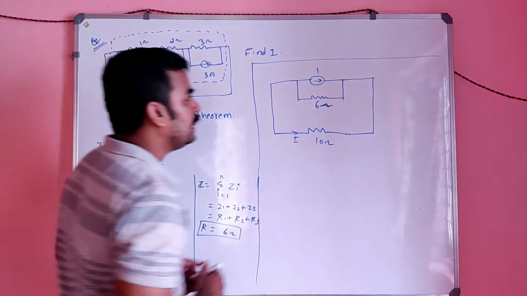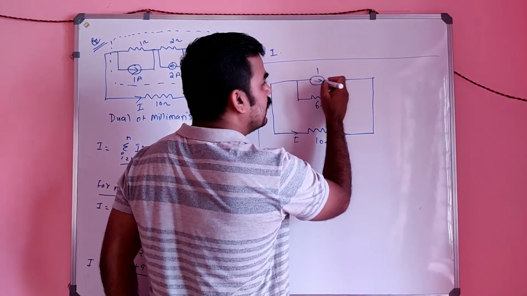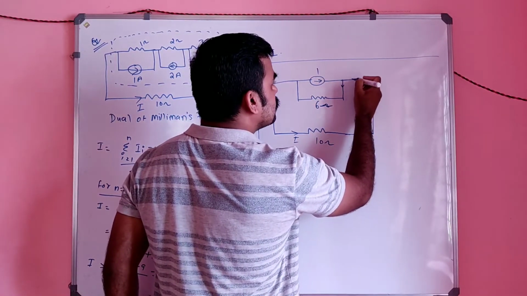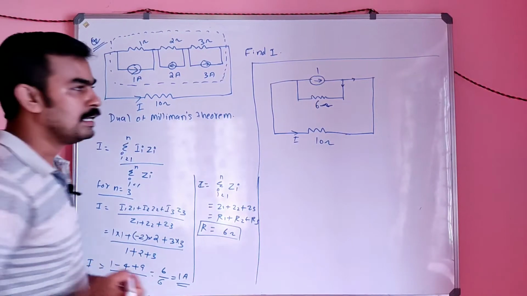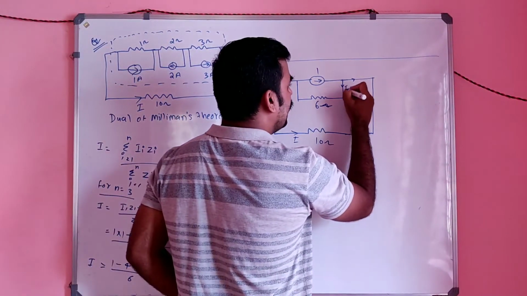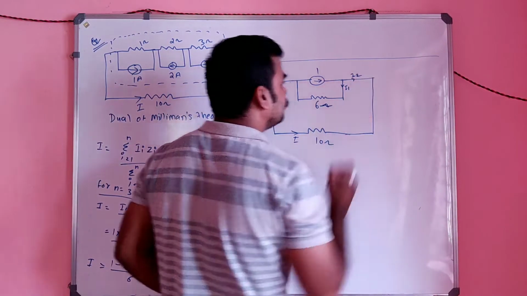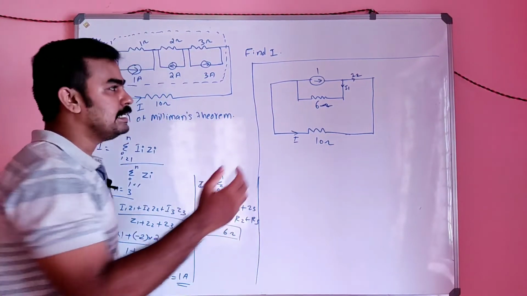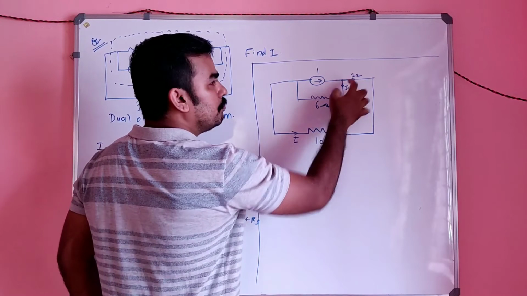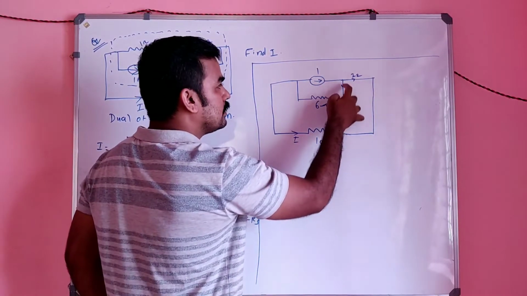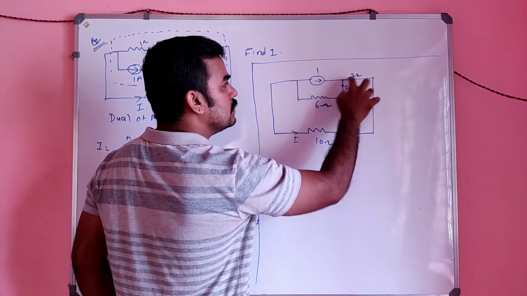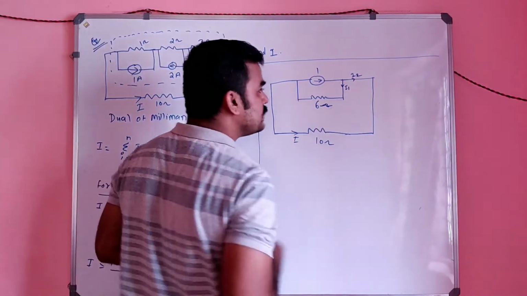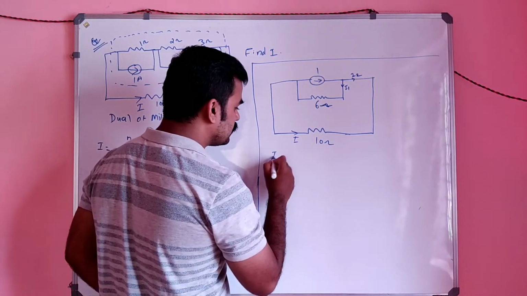So the 1 ampere current is entering here and it came here, and it has two paths like this. Let me take this as I1 and this as I2. Any current entering a junction splits up into two. Then I have to find I2 first.